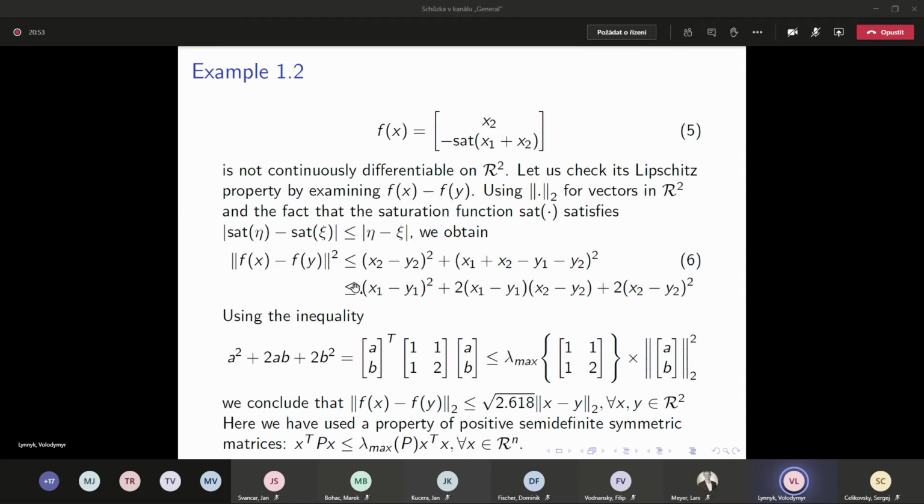and this is less than or equal to (x1 minus epsilon1) squared plus 2(x1 minus epsilon1) times (x2 minus epsilon2) plus 2(x2 minus epsilon2) squared. Here we only separate this like a and b, this x1 minus epsilon1 term, and this x2 minus epsilon2 term.